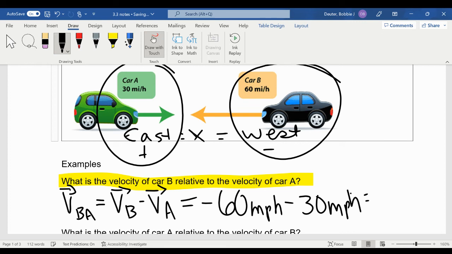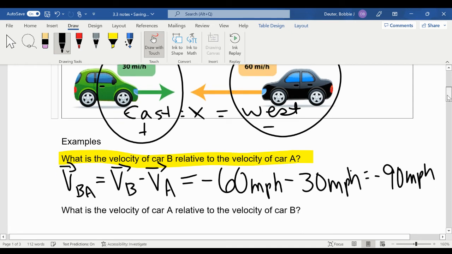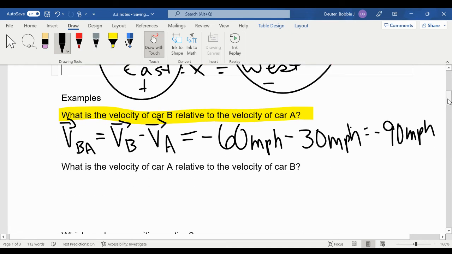So if you're in car B, you're going to feel like car A is moving at a negative 90 miles per hour. Again, the person in car A sees car B moving at a different rate, but we're looking at the perspective of just car B. Car A is coming at them and they feel motionless, and they feel like car A is moving at a negative 90 miles per hour.